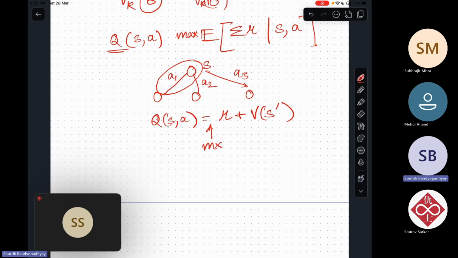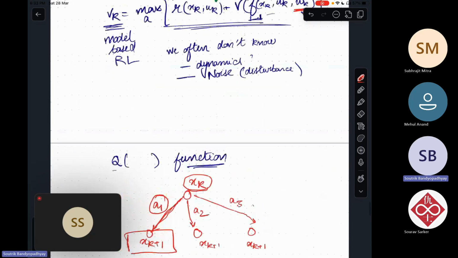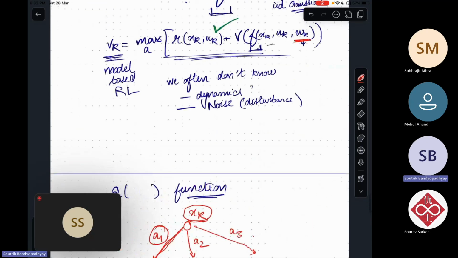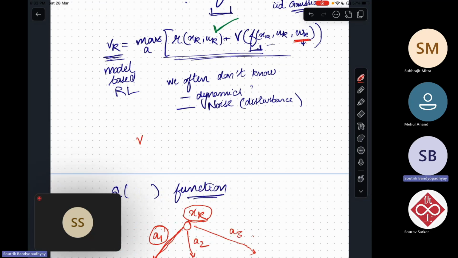There is no maximum term. If you look here, the value function had a maximum over the action space, r plus Vk plus 1.